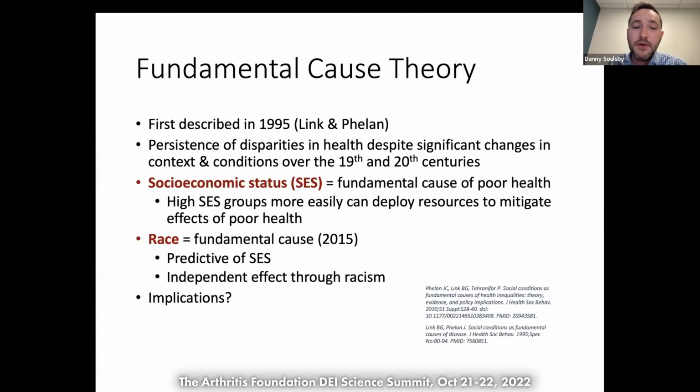And I'm sure everybody in this audience is very interested in this kind of topic. This is a DEI summit. But even if you weren't, the implications of this is that if we, in our research and in our work, don't have any attention to DEI and the impacts of racism and socioeconomic status, we'll actually worsen disparities. So we all have to be aware of this.